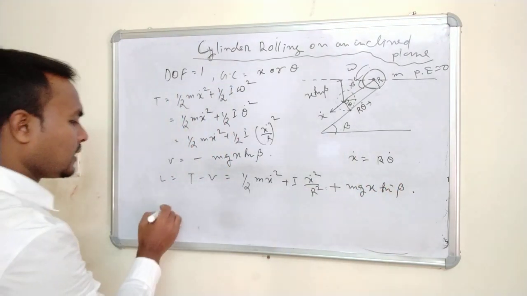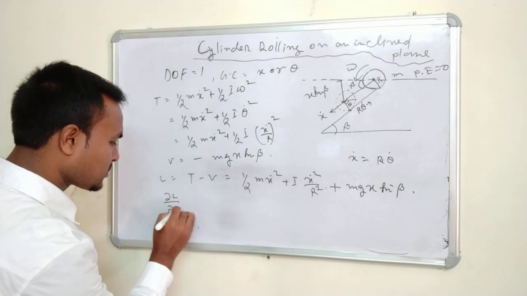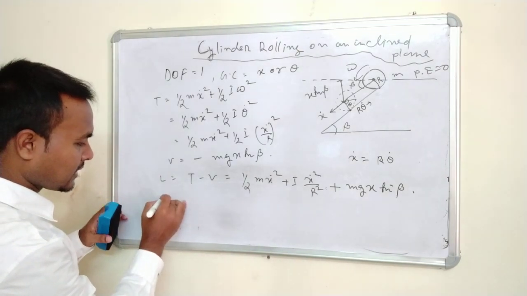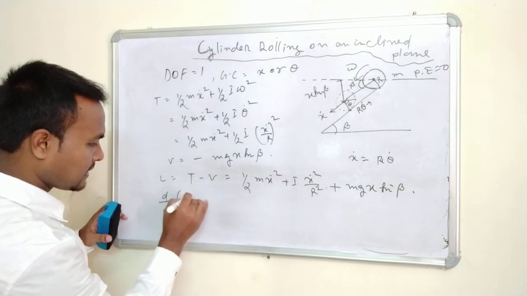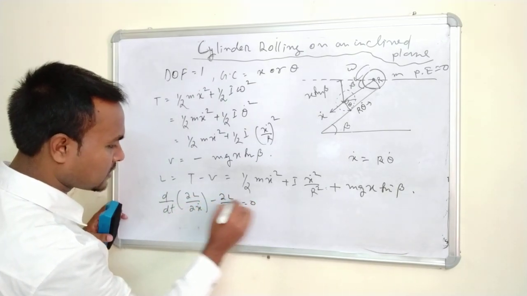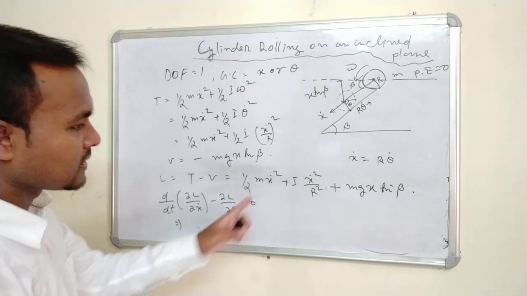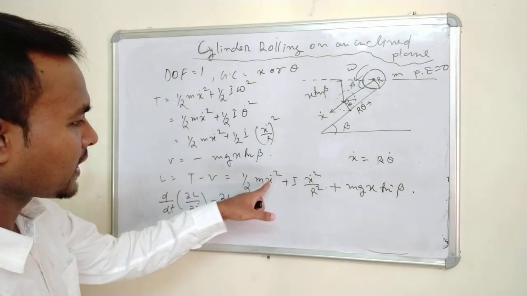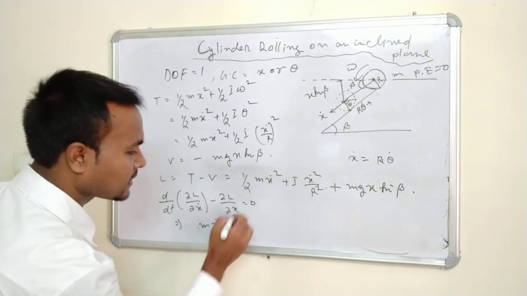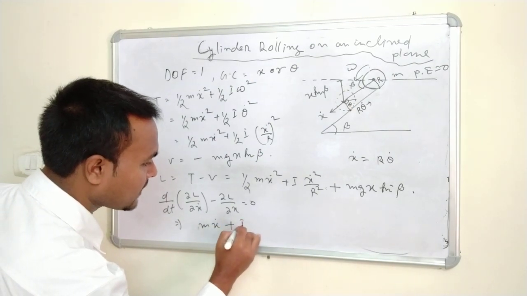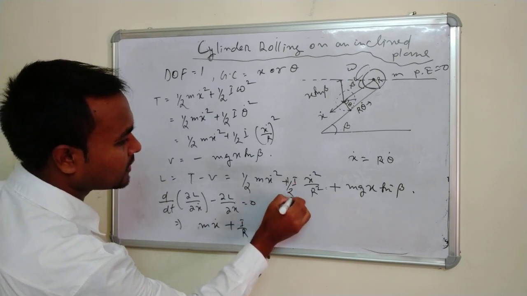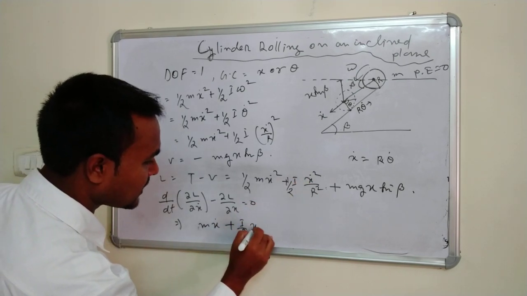Clear? So for the Lagrangian equation of motion, we have to find out x double dot. d by dt of del L by del x dot minus del L by del x is equal to 0. So d by dt, we have to differentiate with respect to x dot. It will be m x dot plus I by r square, the half gets cancelled with 2, I by r square x dot.